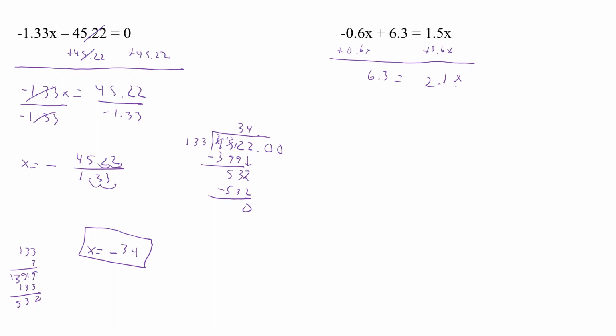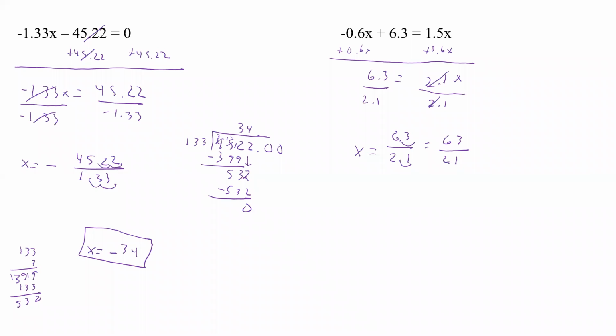All right, so now I have 6.3 equals 2.1x, so I have to divide by 2.1. So those cancel. So x is equal to 6.3 over 2.1. Move the decimal, both of them, one time. So that gives me 63 over 21.